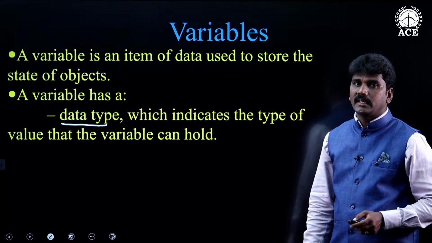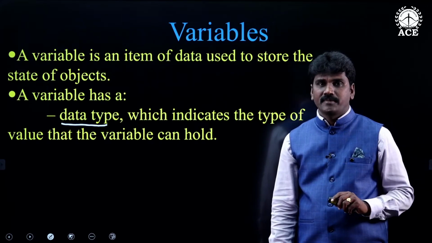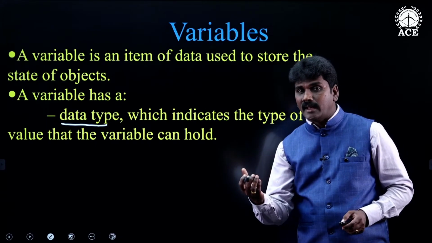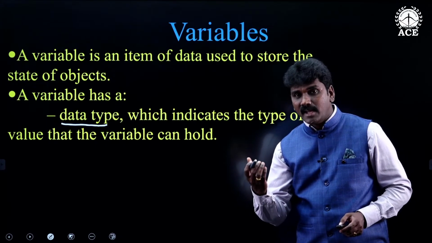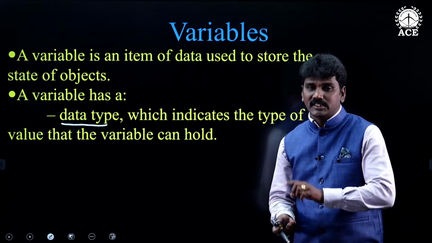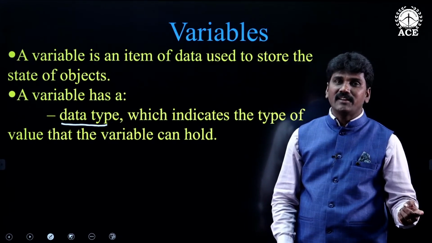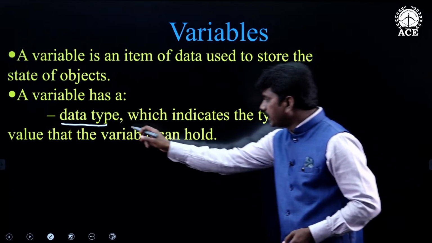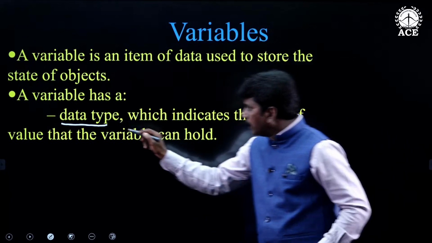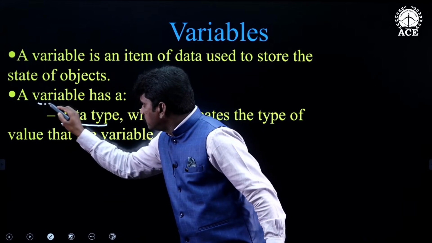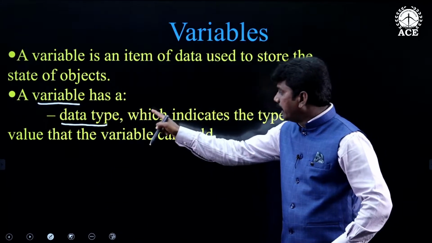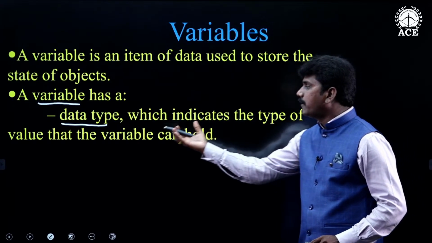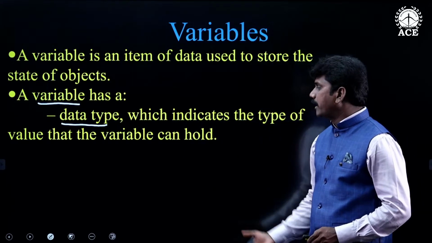Just now I wrote int a is equal to 10. a holds the value 10, and because it holds the value 10, it should be declared with the data type integer. So every variable should contain a data type, because it indicates the type of the value that the variable can hold.